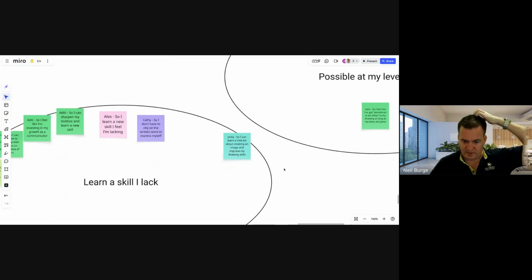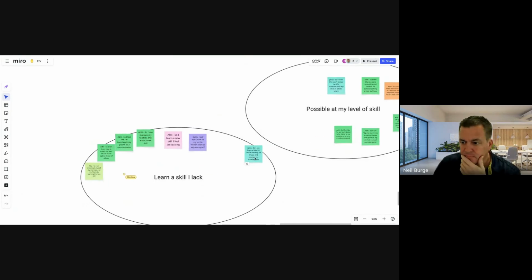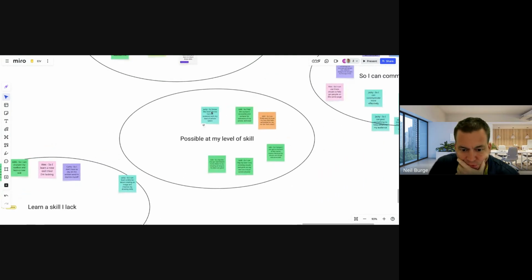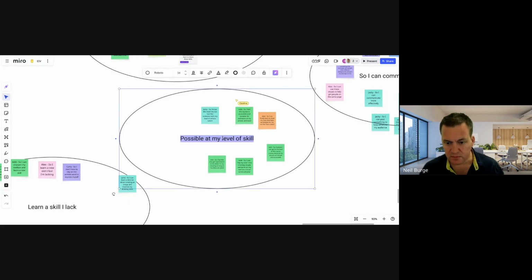Learn a little bit. Well, let's have a look. Possible, not too hard. Accessible. Finally learn to draw in a way that feels achievable. So these ones are definitely the skill level. Mm-hmm. Have confidence that I will be skilled even though.